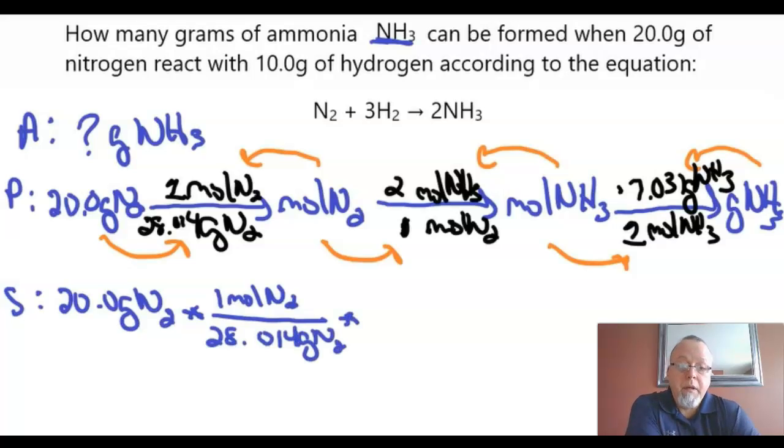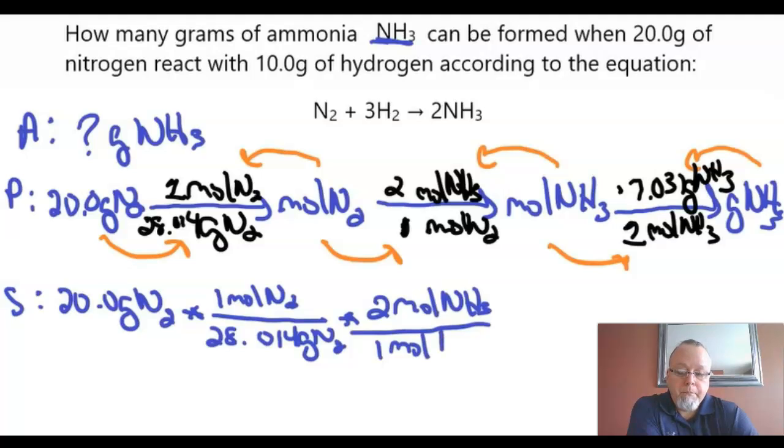Then we multiply that by our molar ratio, which is 2 moles of NH3 to 1 mole of N2. And then we multiply that by our molar mass of NH3, which is 17.031 grams of NH3 over 1 mole of NH3.